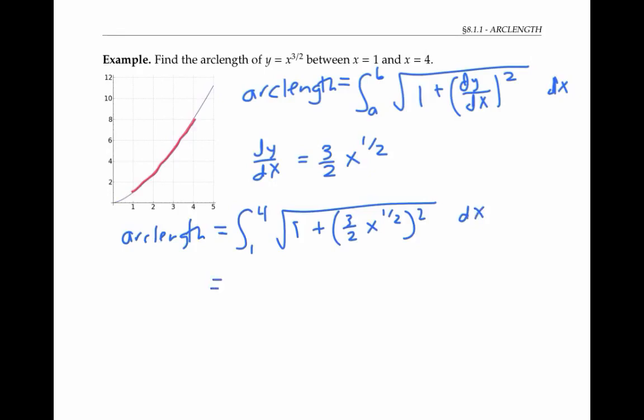After simplifying a little bit, we can use u substitution to rewrite this.